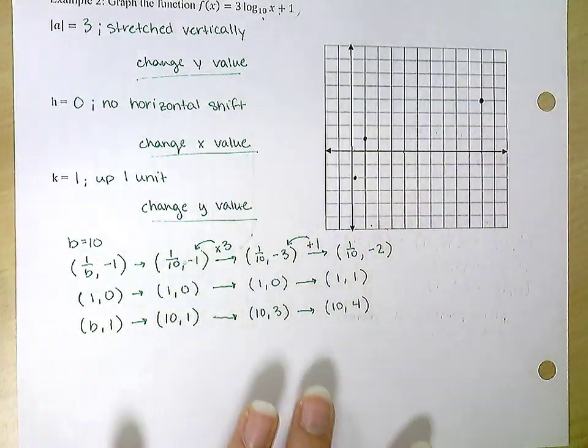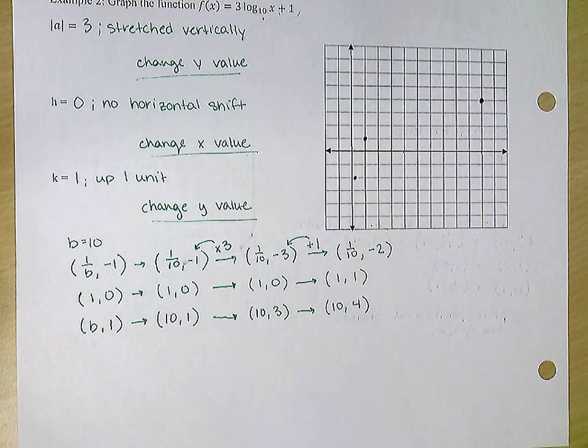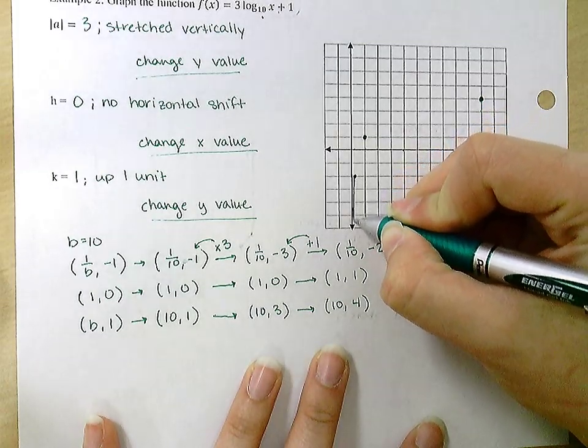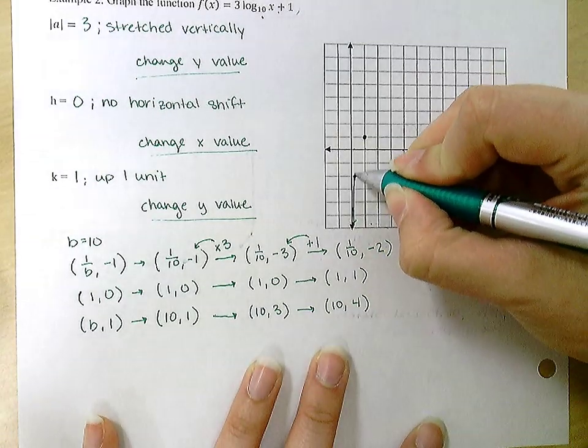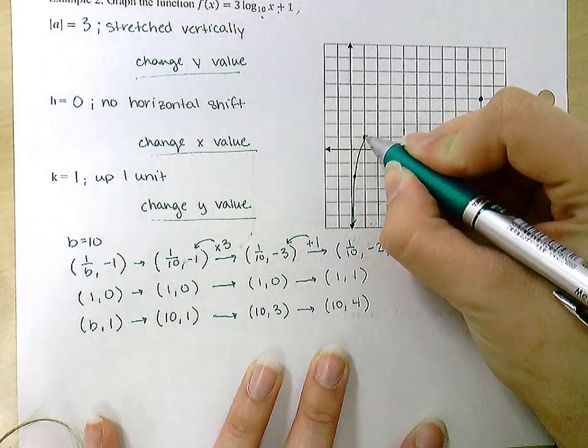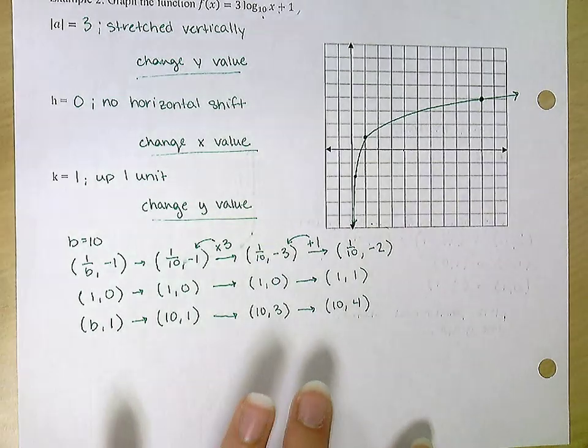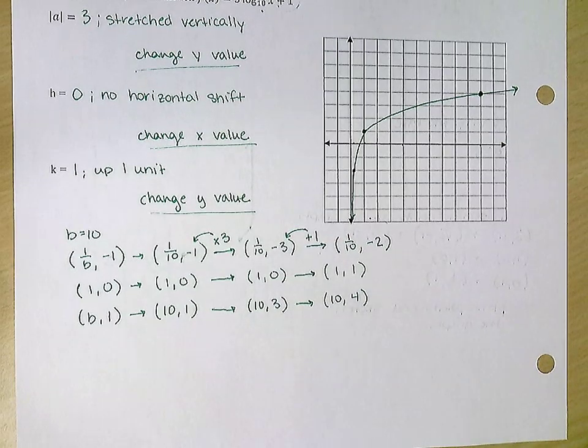So we still have that vertical asymptote along the y-axis since I didn't shift left or right. That vertical asymptote is still in that same spot. So we approach the y-axis, but we never cross it. And that would be my logarithmic graph for this function.